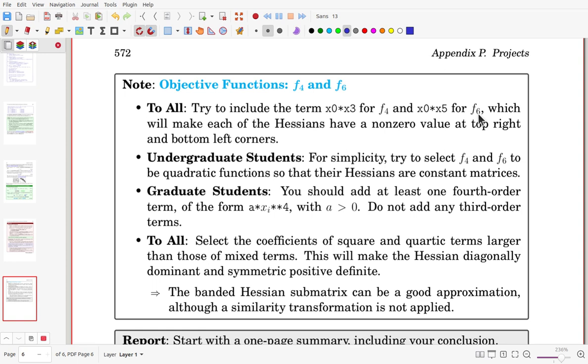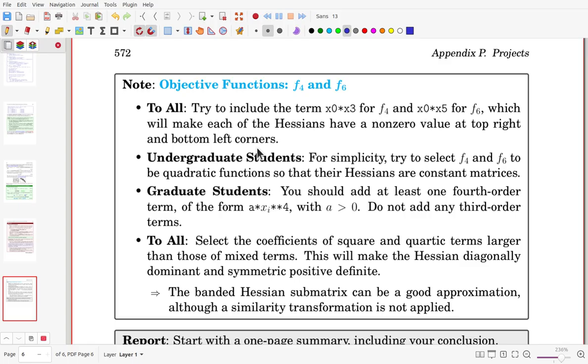The reason I'm asking for this is that this term appears in your function, so its corresponding Hessian will have a non-zero value at the top right and bottom left corners, so that once you use only the tridiagonal part, those will be eliminated, and it becomes an approximation.